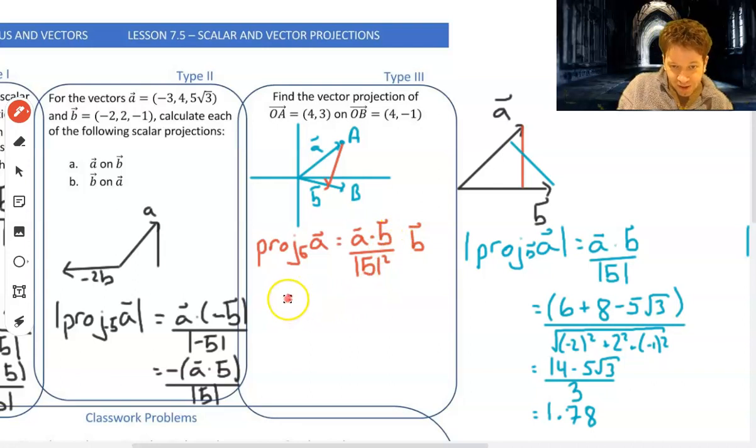Alright, well, let's start with the dot product of A and B. So we have 4 times 4, which is 16. 3 times negative 1, so that's negative 3. And then the magnitude of B squared, that's just 4 squared plus negative 1 squared. So 4 squared is 16. Negative 1 squared is 1. Multiplied by our vector B, which is 4 and negative 1.